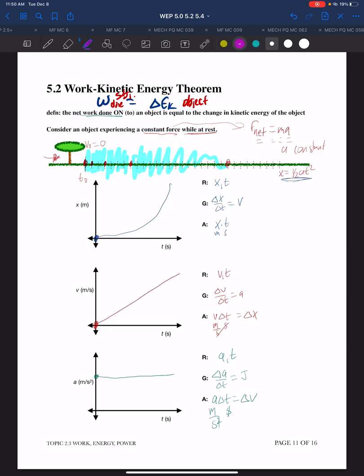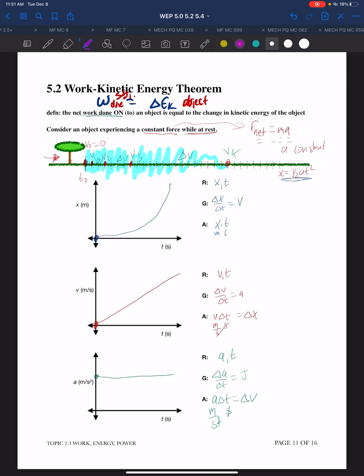And we have a certain velocity at each one of these locations. So we've got a v, a v1, a v2, a v3, a v4. And that results in a delta v for each of those. And so that means there is a change in kinetic energy between each of those time intervals.